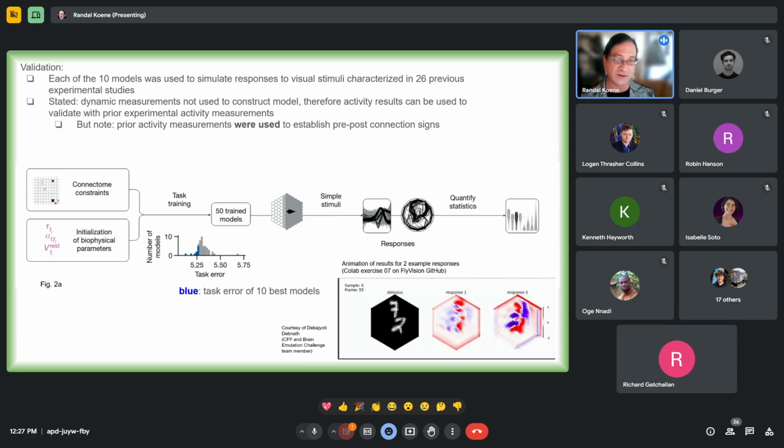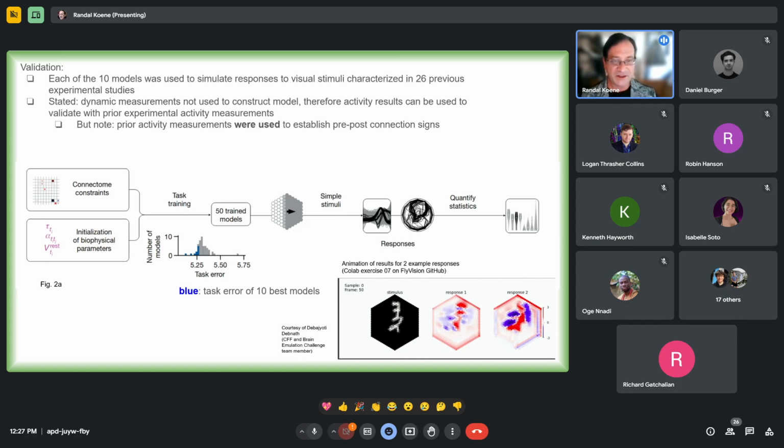So then validating it on those dynamic measurements is a separate point for validation. I do think that there's a small caveat that we can put there, because activity measurements were used to determine the sign of cell type to cell type connections, and also to justify a number of the assumptions that went into the chosen dynamics of the model.